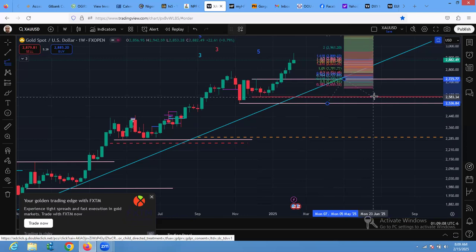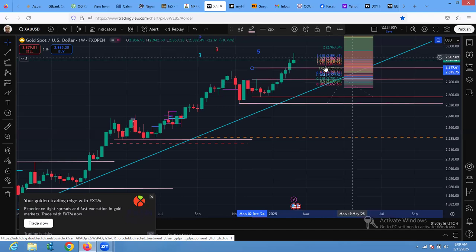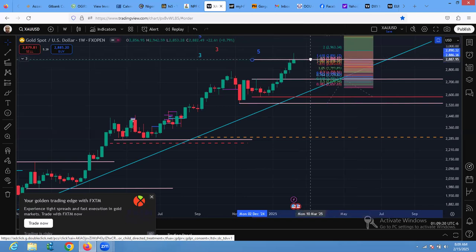We want to see where a 161.8 is. The 161.8 is here in the blue. That is the point I'm trying to make.